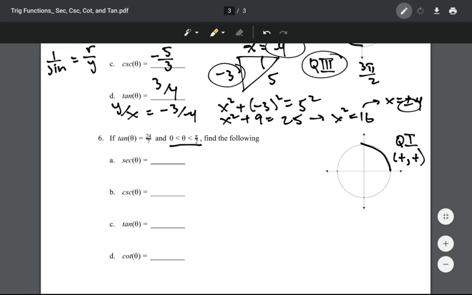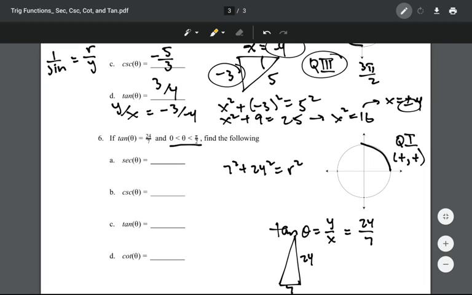Tangent of theta is y over x, which is 24 over 7. So I need a really tall triangle. It's going to look like this. So 24 is my y, 7 is my x. Let's use the Pythagorean theorem. 7 squared plus 24 squared is equal to r squared.